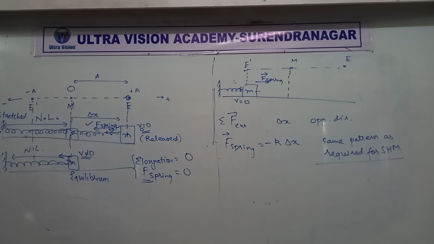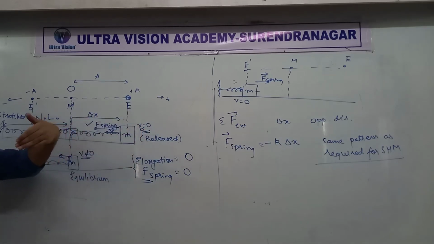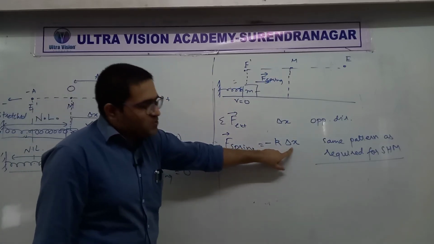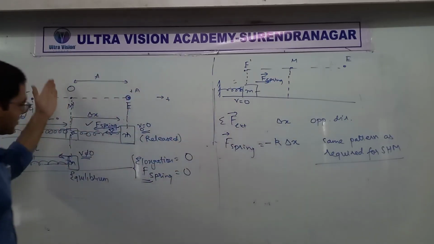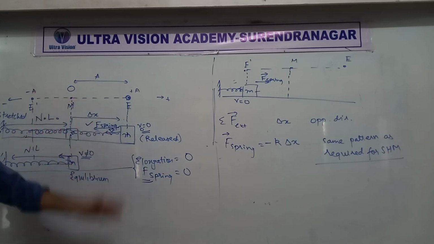Okay or not okay, everyone? Force opposite to displacement, correct? If spring is pulled right side, spring force left side. Not only that, spring force is proportional to elongation. But here elongation is measured from natural length, which is the mean position.